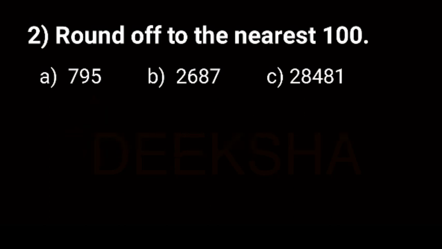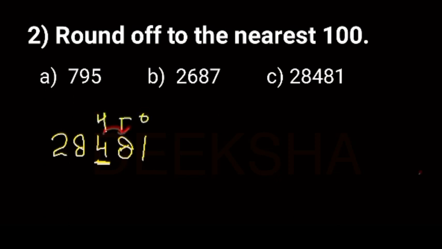C part, 28,481. We want to round off at the hundreds place: ones, tens, hundreds. So you will check its right digit, which is 8. 8 is greater than 5. So you will add 1 here and these two digits will be replaced by zeros.